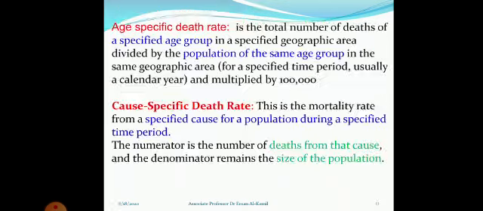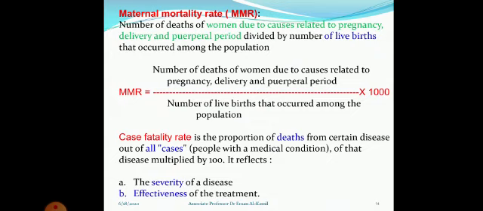Maternal mortality rate. Another is the maternal mortality rate, which is the number of deaths of women. From its name, it is related to women. So it is the number of deaths of women due to causes related to pregnancy, delivery, or the puerperal period, divided by the number of live births that occurred in the population.